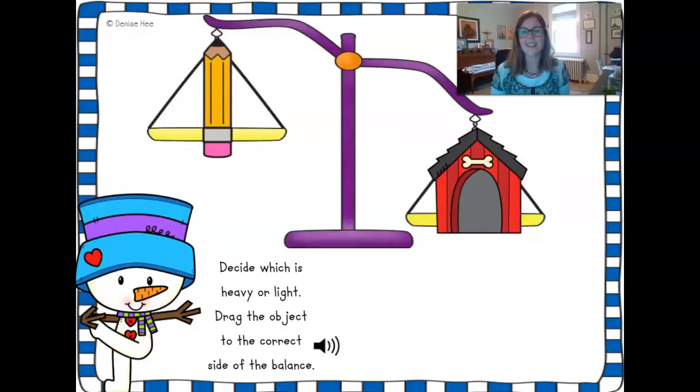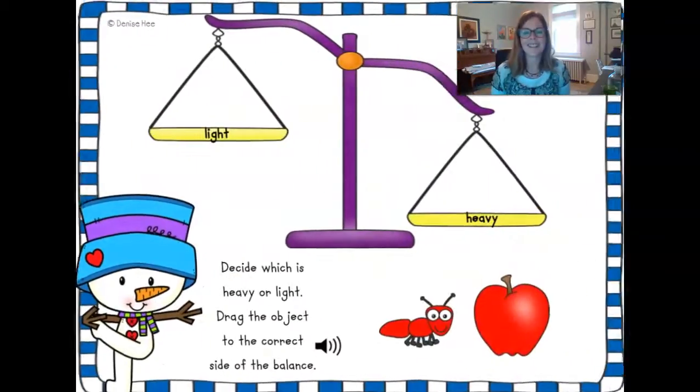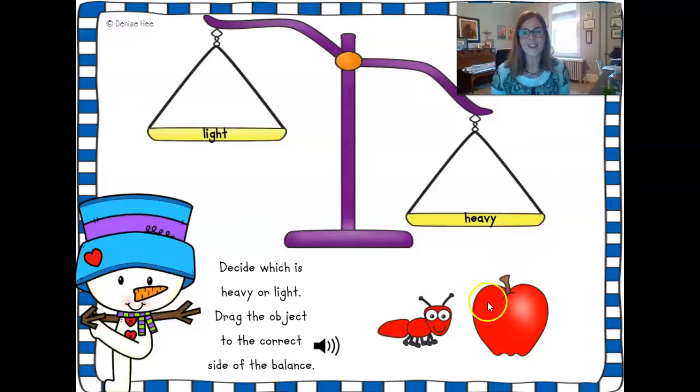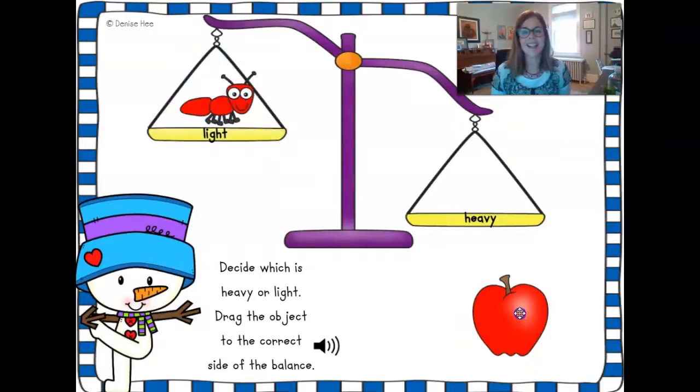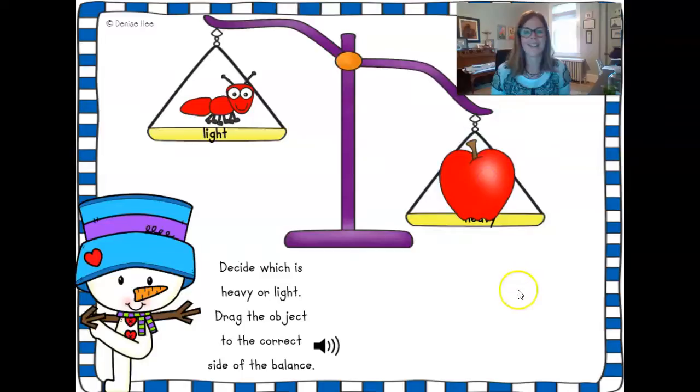Heavier. Good job. Now I'd like you to try it. Which is light, the insect or the apple? I'm sure you said the insect is light and the apple is heavy. Great job.